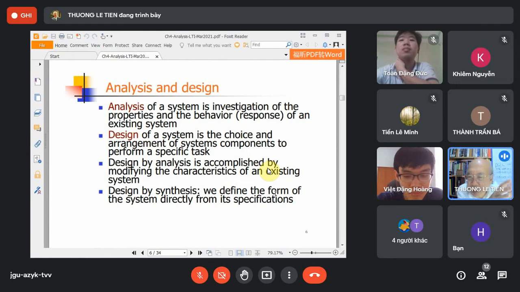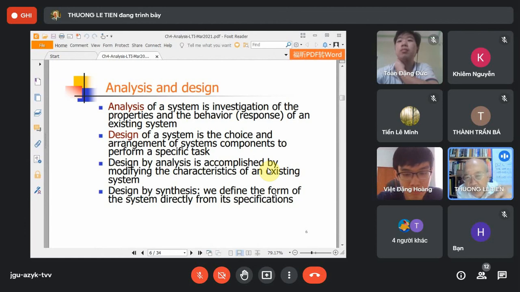For example, if you want to design a new circuit to do some specific task, you can take a sample of the circuit and then try to modify something in the circuit to fit the specifications of the task. That way, we say we design the circuit by analysis.